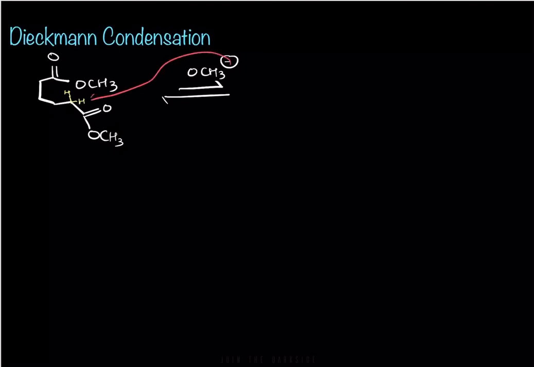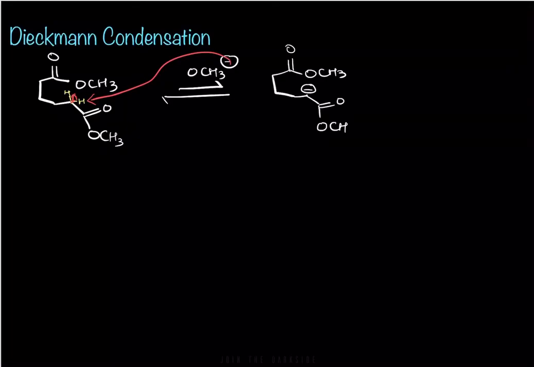It's going to grab this alpha hydrogen and push these electrons onto the carbon, thereby forming the enolate ion. And these electrons can come in here, attack the carbonyl carbon, and push these electrons to form the tetrahedral intermediate.